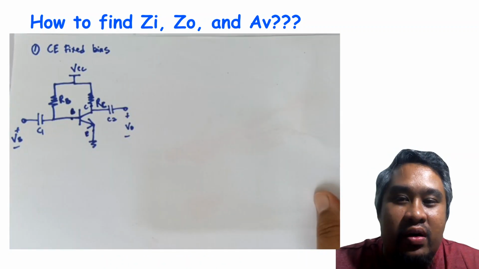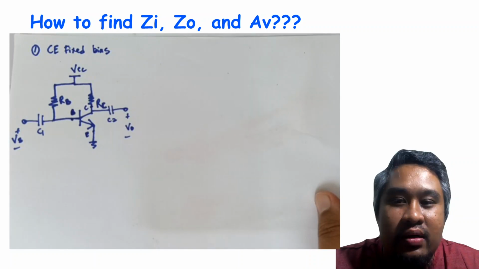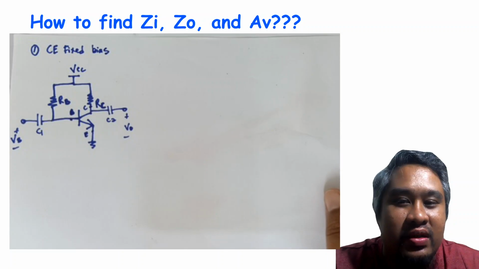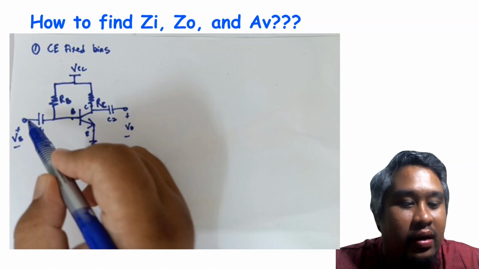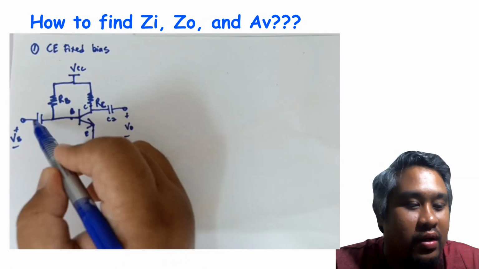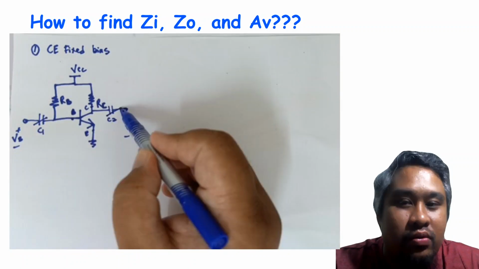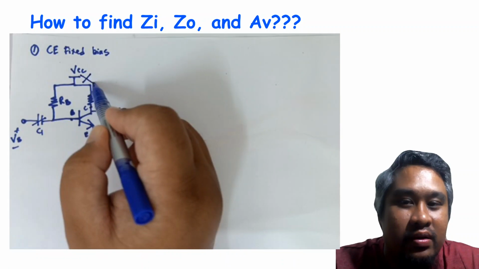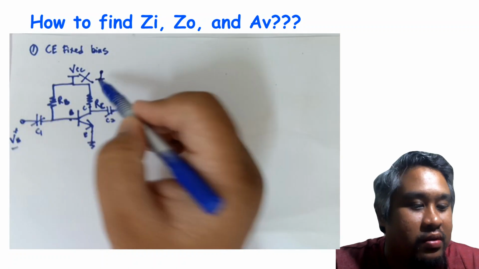So we have recalled how to do AC analysis and how to draw the re model for the BJT. What we're going to do first is replace C1 and C2 with a short circuit, and then remove VCC and replace it with ground.